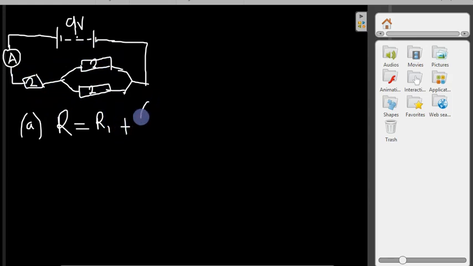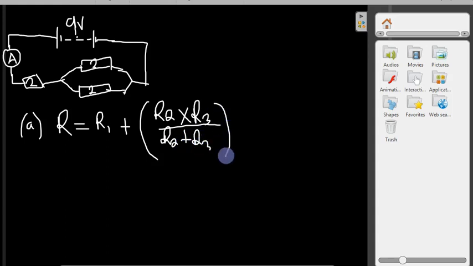But these two are in parallel to each other, so we are going to use that formula: R2 multiplied by R3, divided by R2 plus R3.